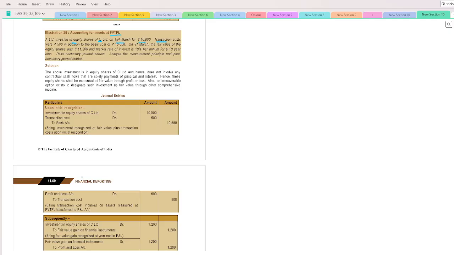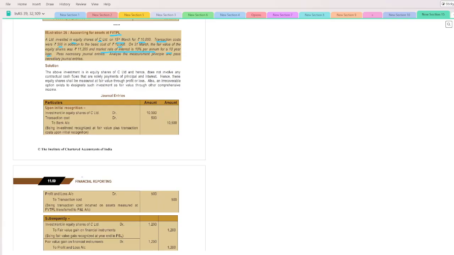Transaction costs were 500 in addition to the basic cost of 10,000. So this transaction cost, it will be going to the P&L because it's FVTPL. So on 31st March, the fair value of the equity price was 11,200, and the market rate of interest is 10% per annum for the 10-year loan.